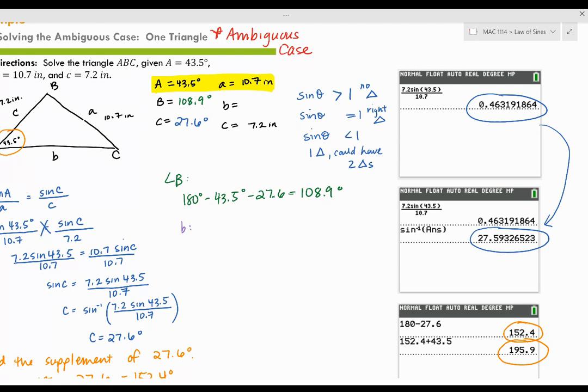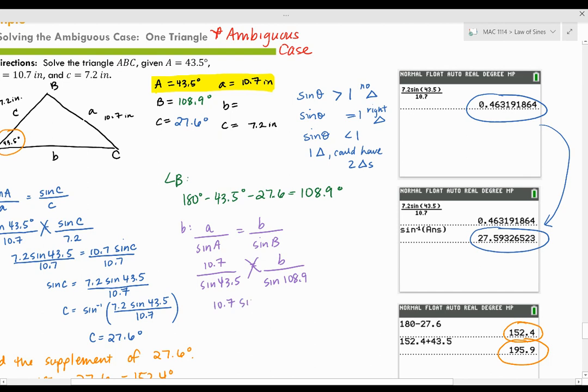So little a over sine A equals little b over sine B. Filling in what I have, 10.7 over the sine of 43.5 equals little b over the sine of 108.9. I'm going to cross multiply: 10.7 sine 108.9 equals b sine 43.5. Then I'm going to divide by sine of 43.5.